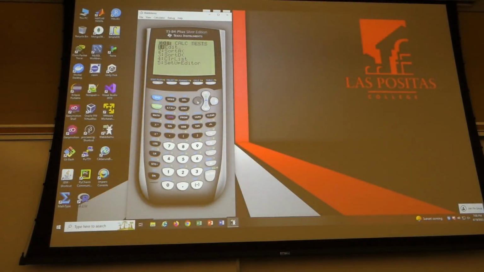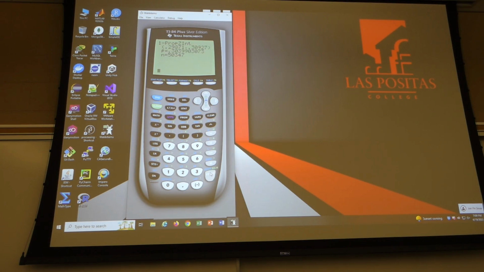Stat, test, 1 prop z interval, and my stuff is already there, which makes it really easy. It's going to be 15,305, comma, 5347, and 99%, so 0.99. Calculate.